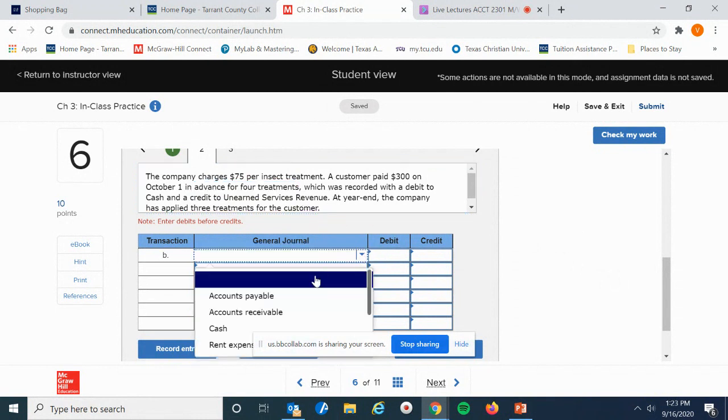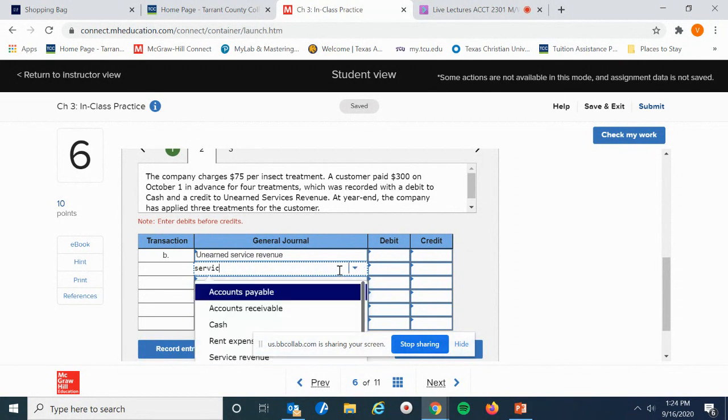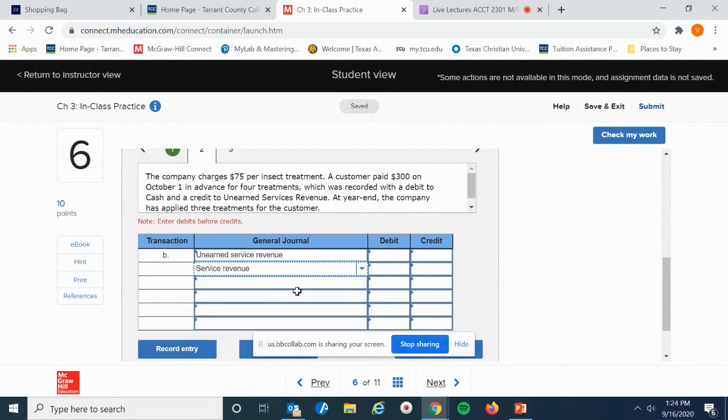So again, we will debit unearned revenue, and I'm going to call it service revenue this time, because this is a service. Those pest control treatments are a service that the company provides. And then I will call service revenue the account that I'm crediting.